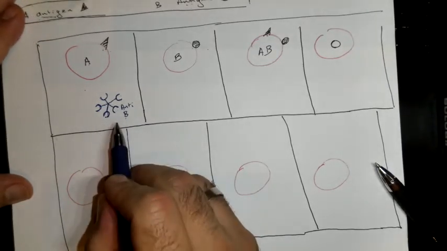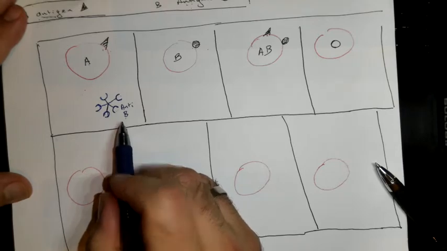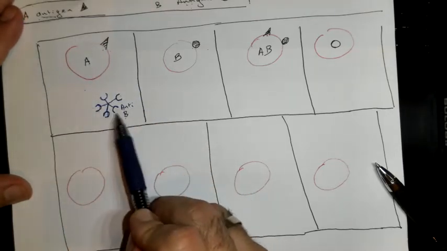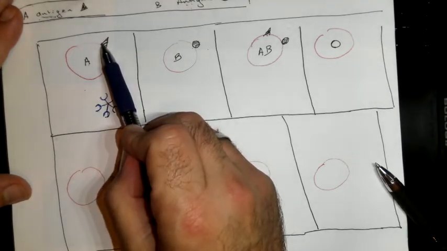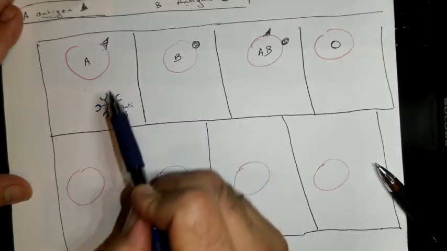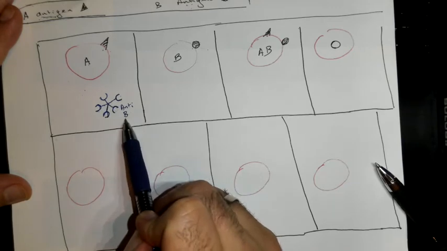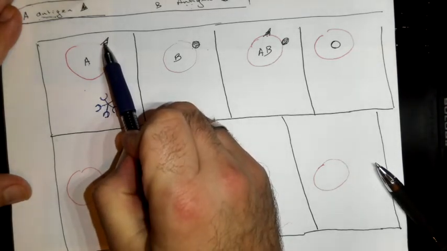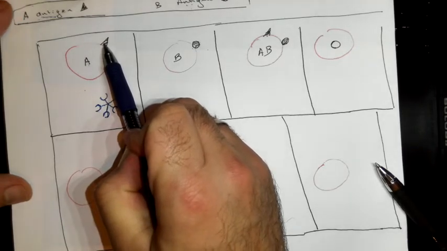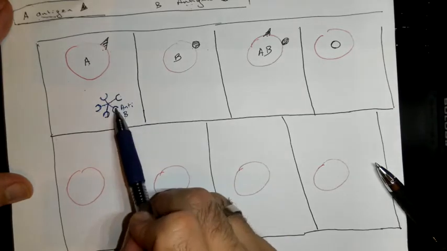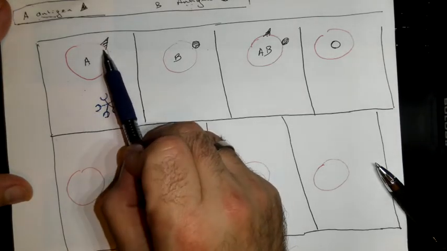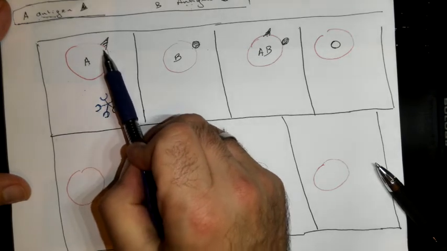And notice why this is so important. This is a person's blood. Antibodies attack antigens. And just realize that this anti-B antibody cannot attack that triangular shaped antigen, which means that this person's plasma will never attack its own red blood cells.